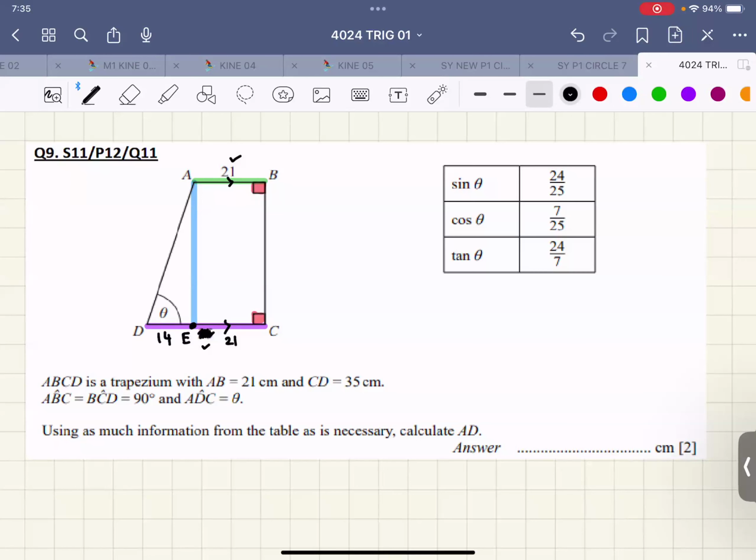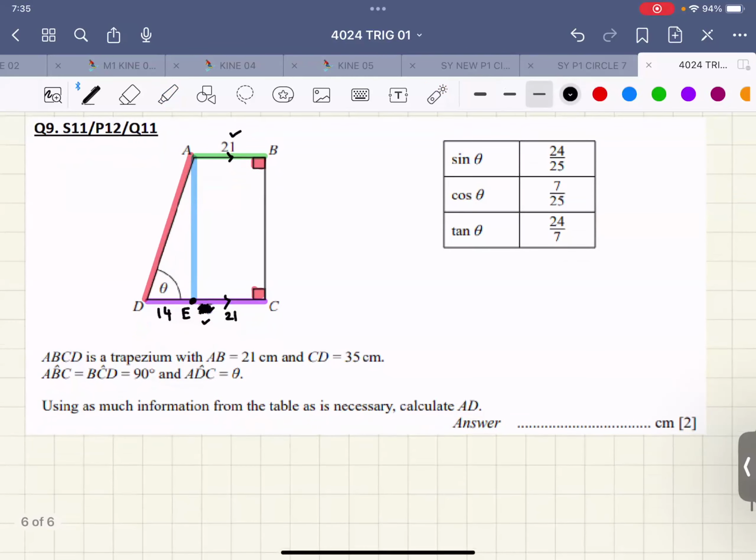So now if we are interested in AD, so AD is like the hypotenuse. So let me highlight this. This red color line, this is the hypotenuse. Now what do we have? We have the base with respect to theta, that is the adjacent. We have the hypotenuse, that is AD, so I'll be needing cosine.